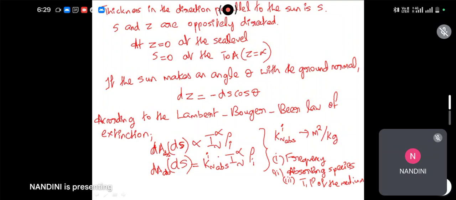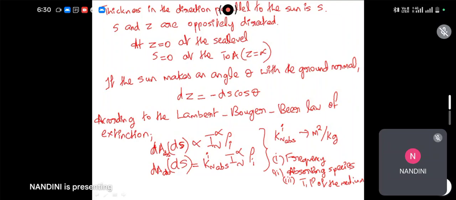If we introduce a proportionality constant k nu absorption I, with a unit of meter square per kg, it depends on the frequency, the absorbing species, and the temperature and pressure of the medium. That gives the absorption along the path ds.